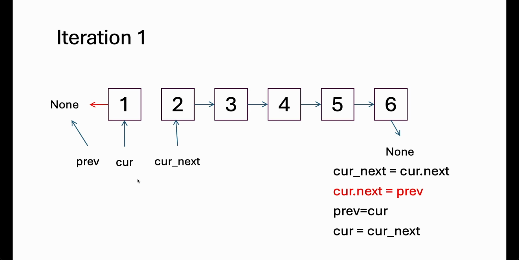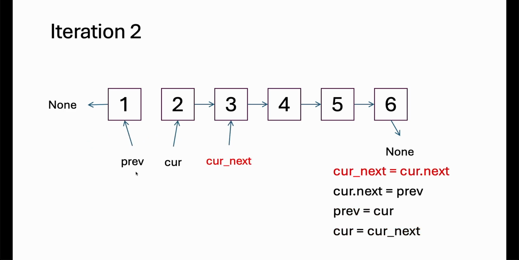In this way, every time we're visiting a new current node, we will have access to the previous node in the linked list. So basically, cur is moved to cur next, and prev is moved to cur. We repeat this process until the current node is pointing towards none.